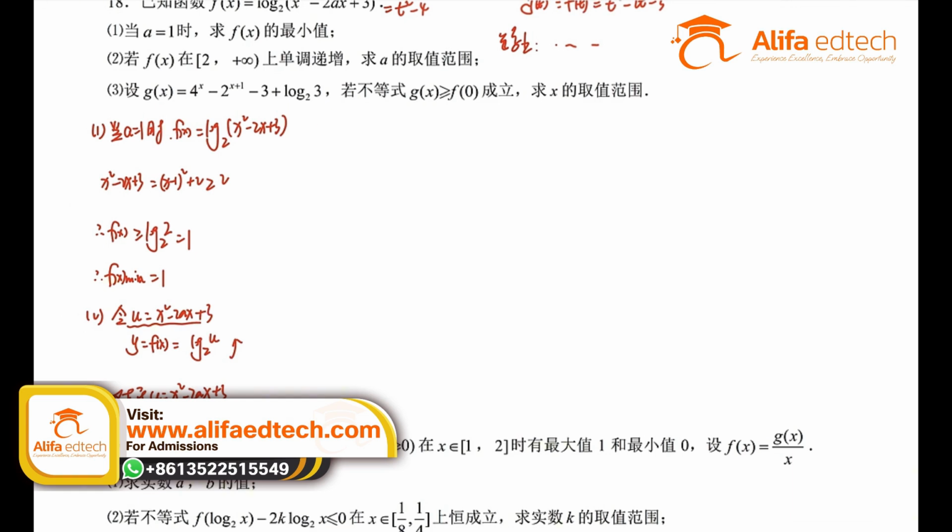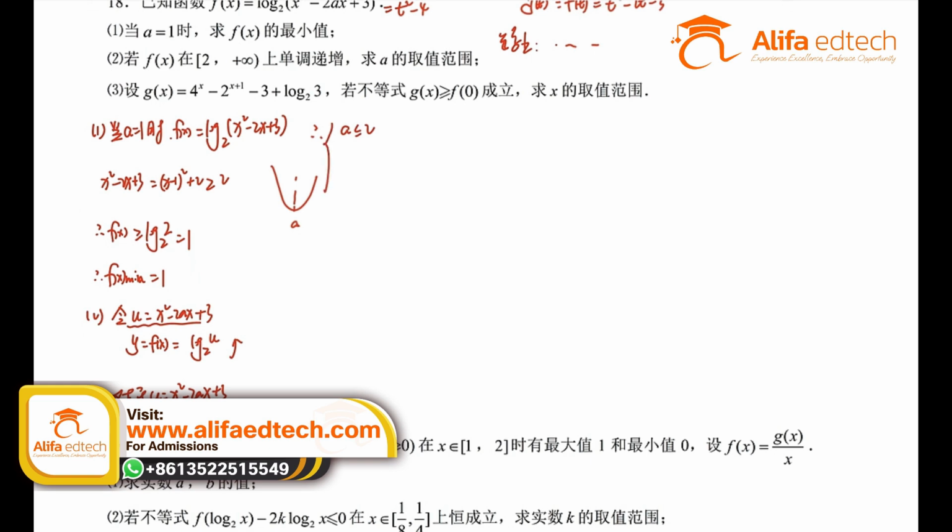So that means, and pay attention here, your axis of symmetry must be to the left of our interval, right? If you draw a diagram, it becomes clear. Your axis of symmetry is a, and we need it to be monotonically increasing from 2 to positive infinity. So that means our a must be less than or equal to 2.